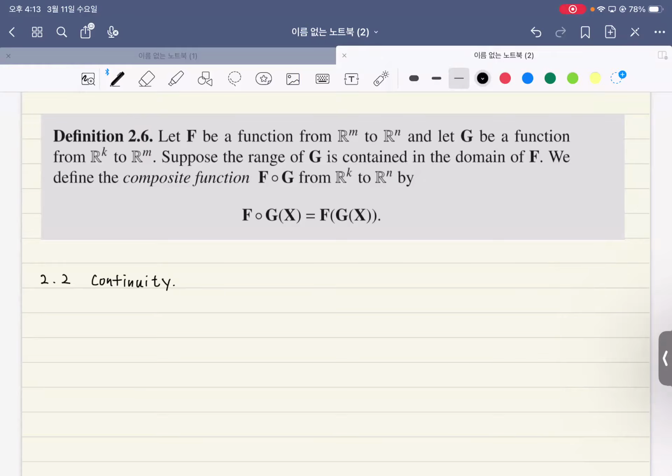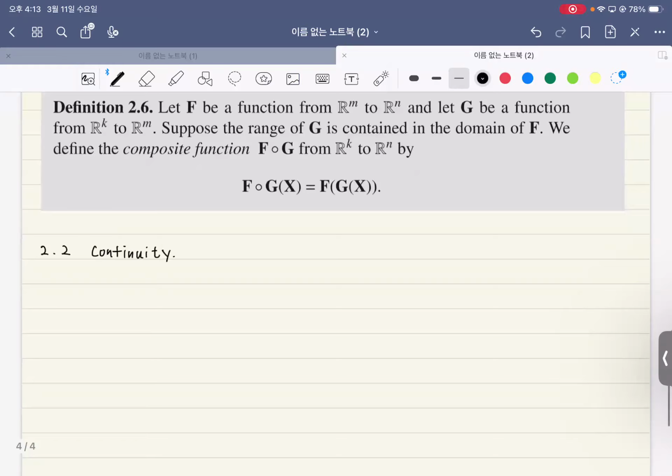Probably yes, probably no. For those of you who do not remember: we say a function from R to R is continuous at point a if, for every epsilon, you are able to find some delta.